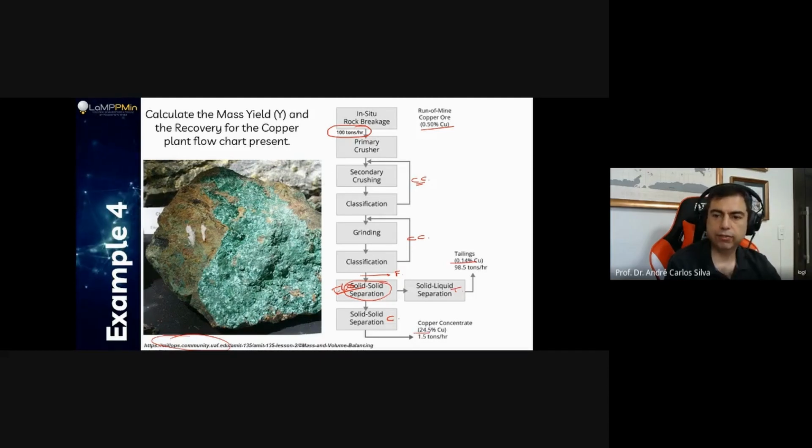And regarding the flows, we know that we feed our mineral processing plant with 100 tons per hour, and we can produce only 1.5 tons per hour of copper concentrate. All the rest is going to be tailings, and using the first equation, 98.5%. So what you want to do now is calculate the mass yield and the recovery for this flow sheet presented over here.